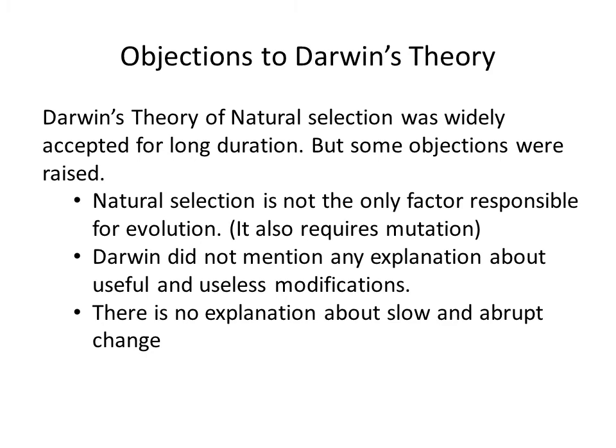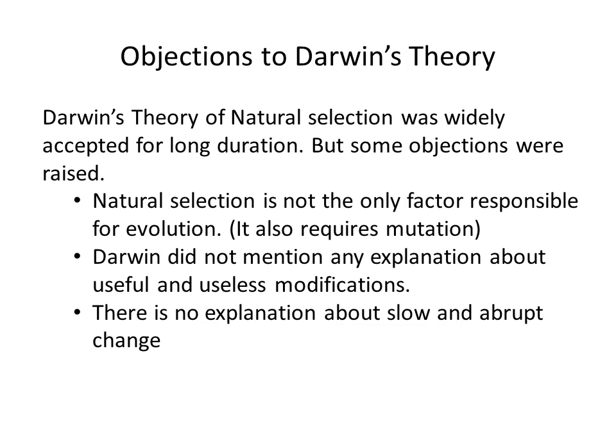Along with this, Darwin's theory of natural selection was widely accepted for a long duration, but some objections were raised. Natural selection is not the only factor responsible for evolution.